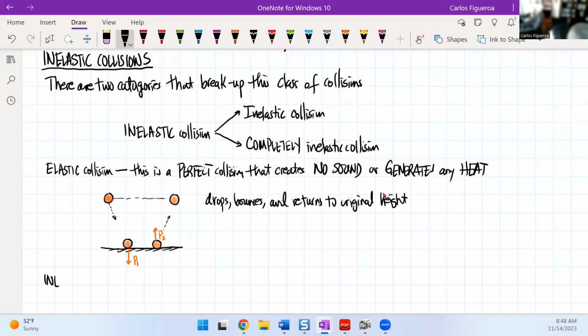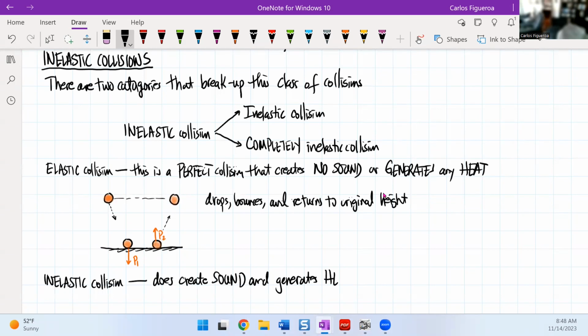In an inelastic collision, this does create sound and generates heat. And so what you're finding here is that in the previous case, all the energy goes into motion.